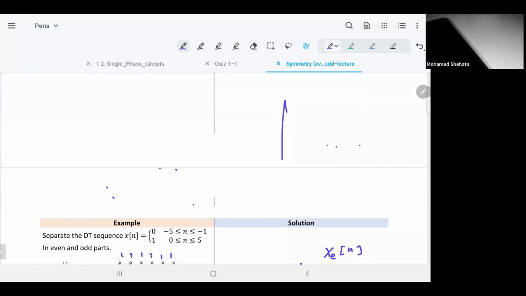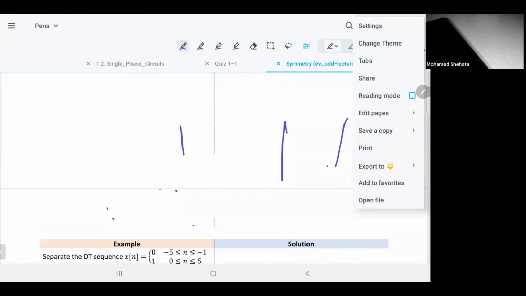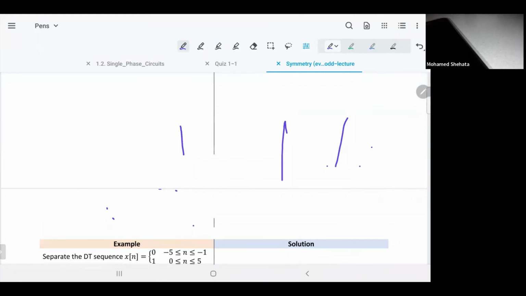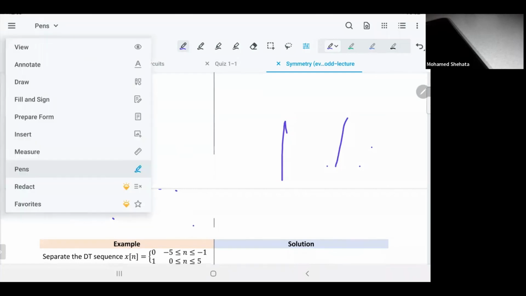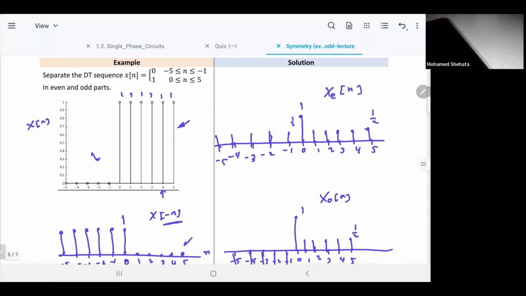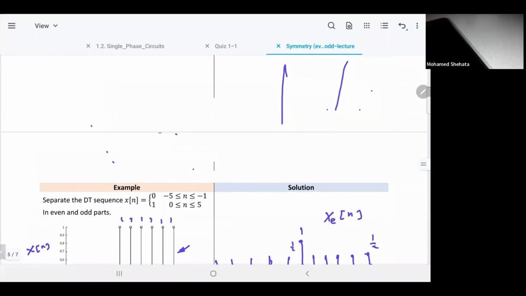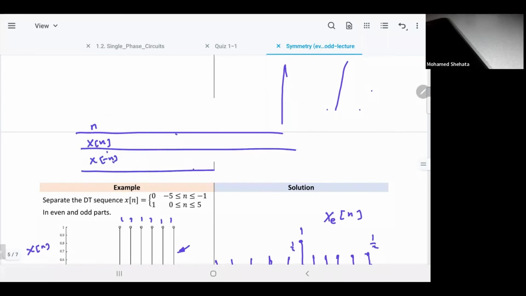Okay. You have two functions, x of n and x of negative n. So if you make a table, you will have n, x of n, and x of negative n. This way you will not be confused, because you might think at n equal negative 4, no, I'm talking about n.